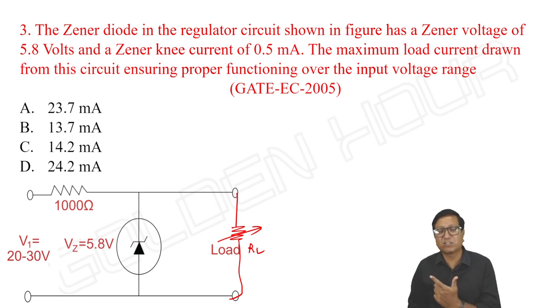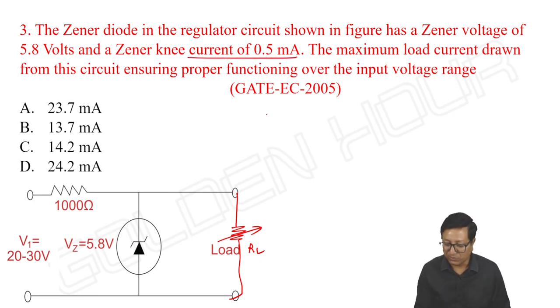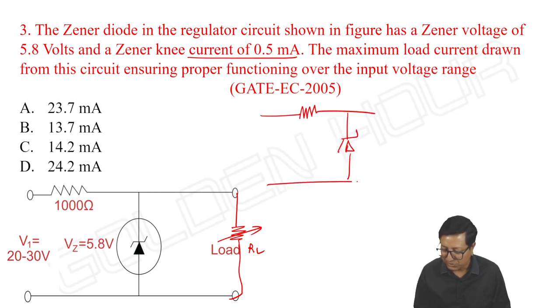IL is maximum if and only if RL is minimum. So RL is minimum and input is minimum, at that time IZ is minimum. The knee current is given. So what is the circuit? Immediately the circuit that should come to your mind should be like this.